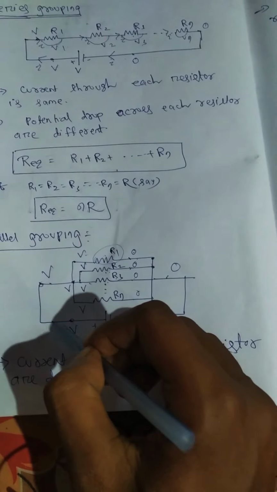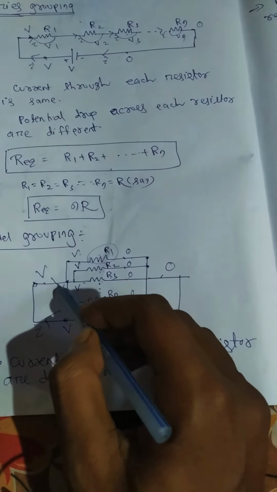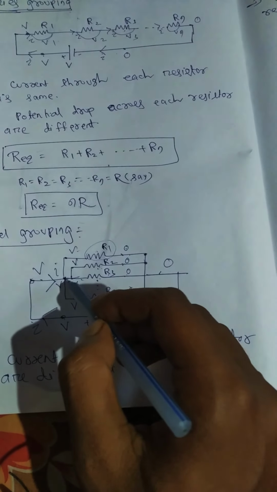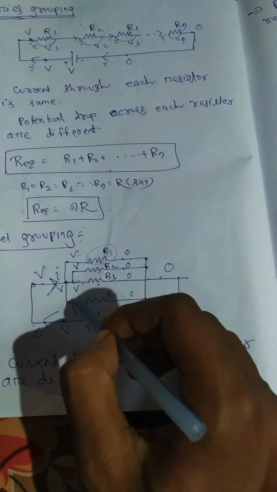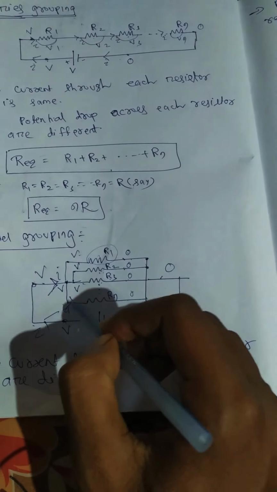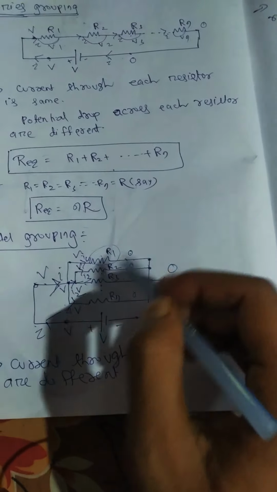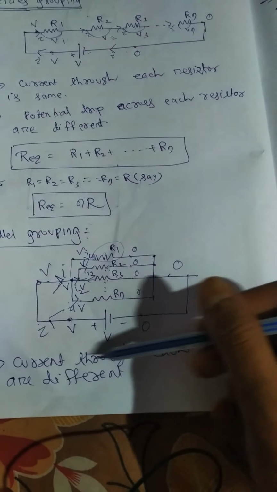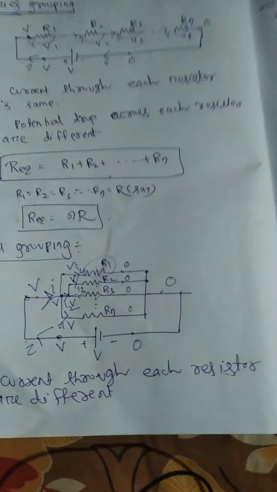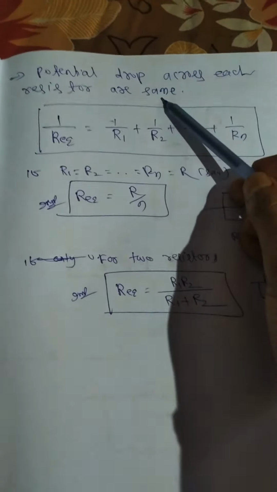Current I starts from the positive terminal and there are n sub-branches. The current divides into I1, I2, I3, I4, etc. So the current through each resistor is different and the potential drop across each resistor is the same.